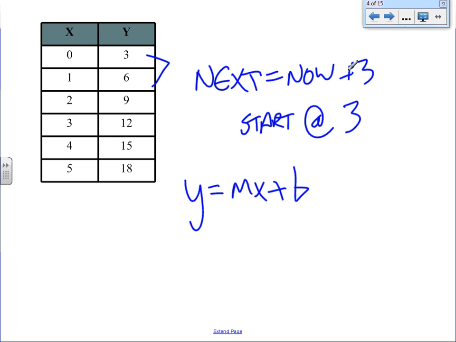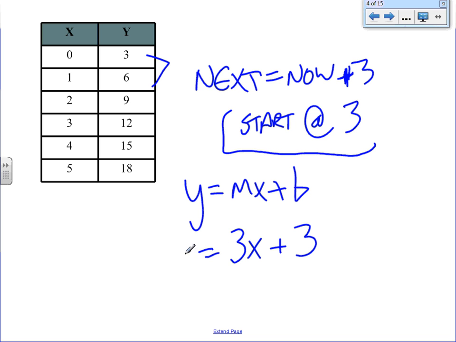And if you remember, the shortcut, more efficient way to do repeated addition is to multiply. So this number that we're repeatedly adding becomes our multiplier of x. So this becomes 3x. And then the starting value, as I said, the value of y when x equals 0, well, when x is 0, y is 3, which is our start at number, is my y-intercept. So this equation becomes y equals 3x plus 3.